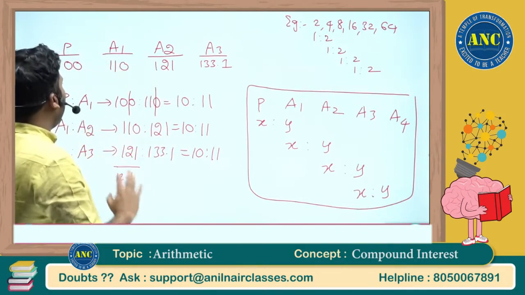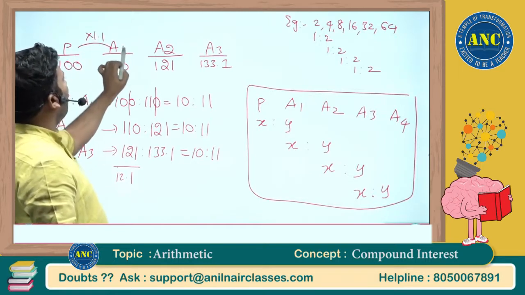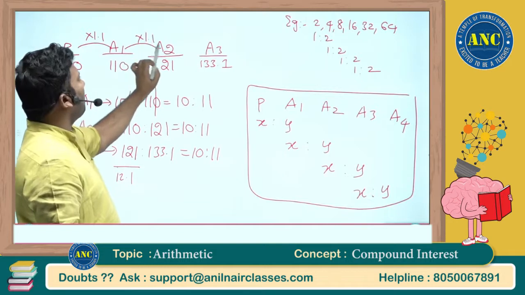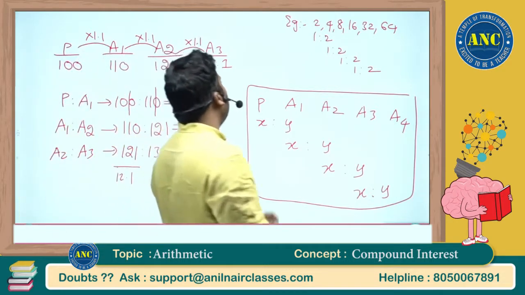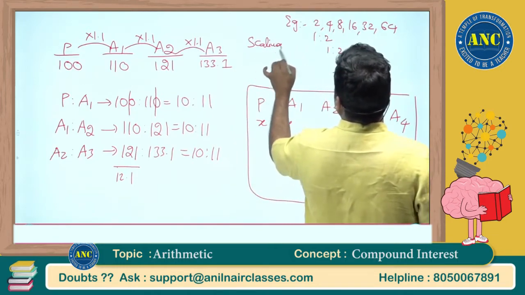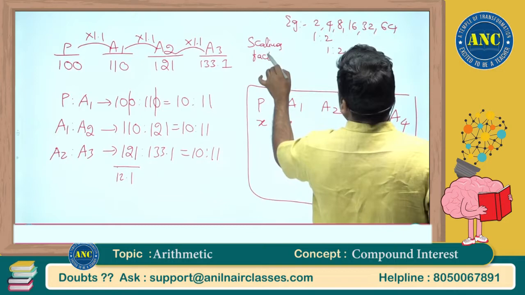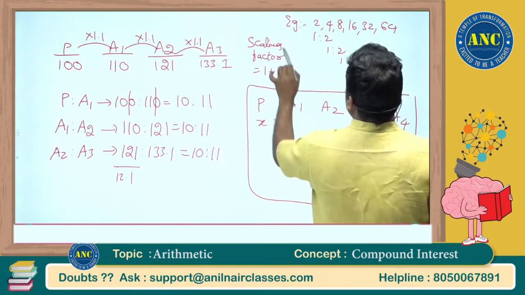Now, another very, very important point: what is this ratio we got? 1.1. Here also 1.1, here also 1.1. What is this 1.1? It is nothing but the scaling factor, which we did in our previous classes, which is 1 plus r percentage.